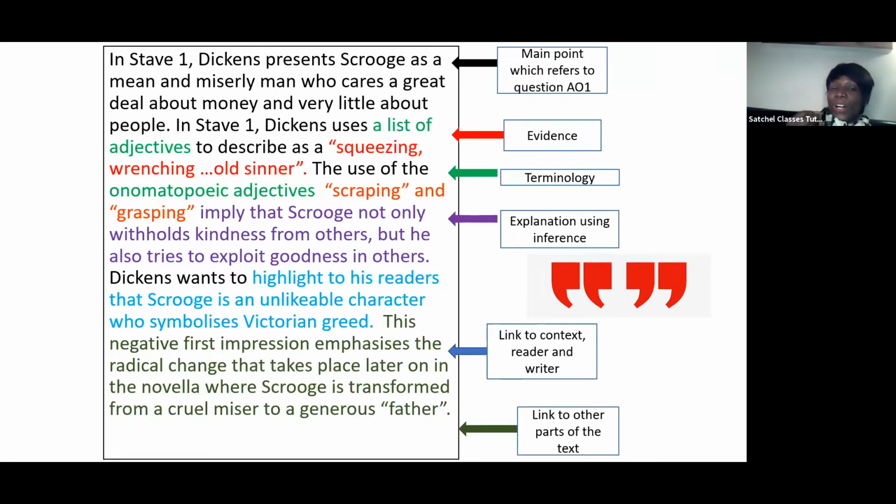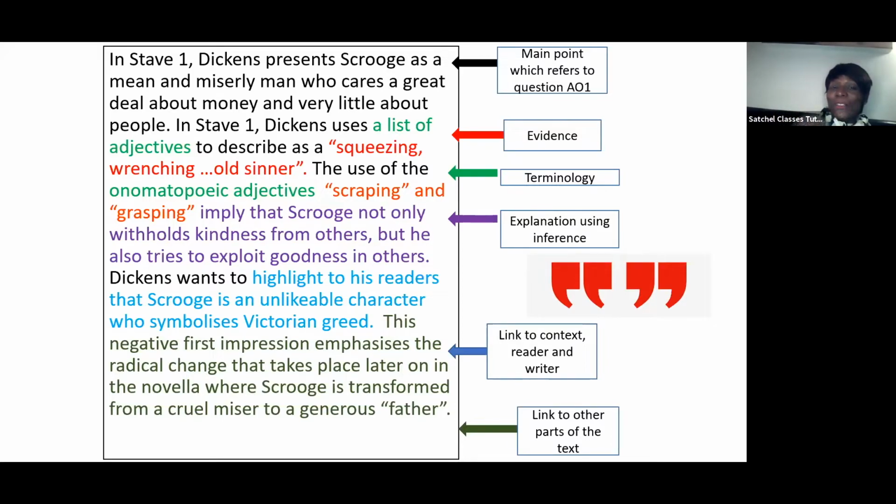Dickens wants to highlight to his readers he's an unlikable man and a symbol of Victorian greed. And this negative first impression emphasizes the radical change which takes place later in the novella, where Scrooge is transformed from a cruel miser to a generous father.